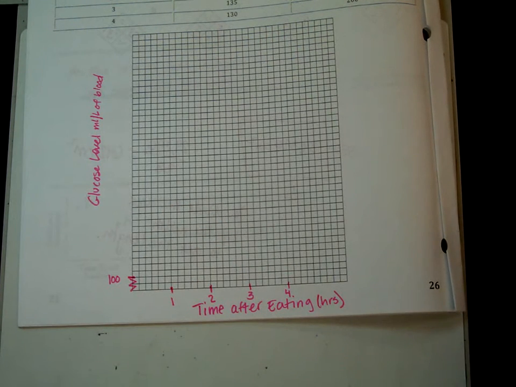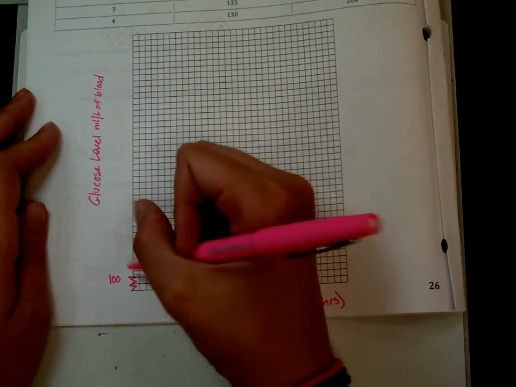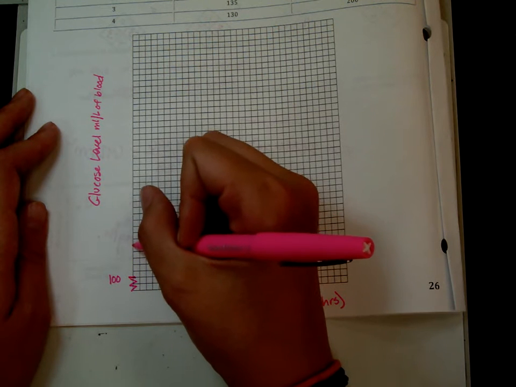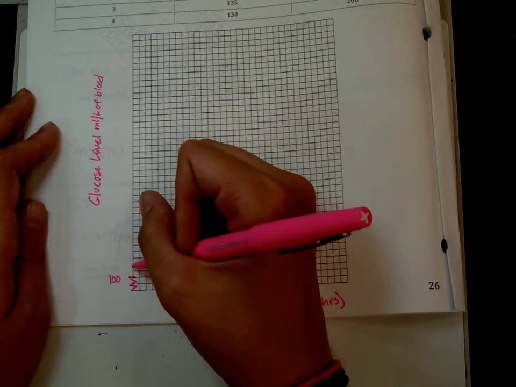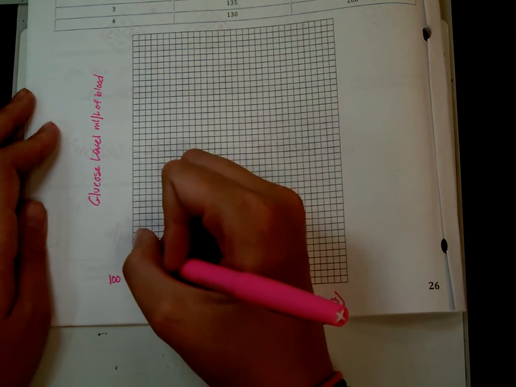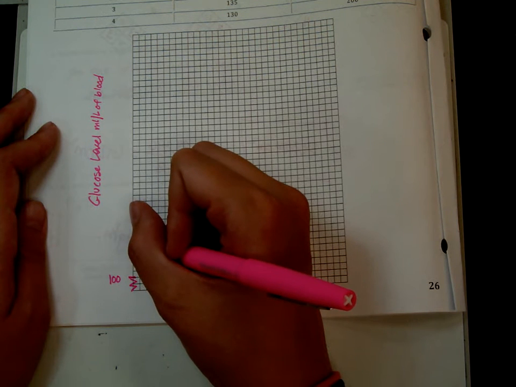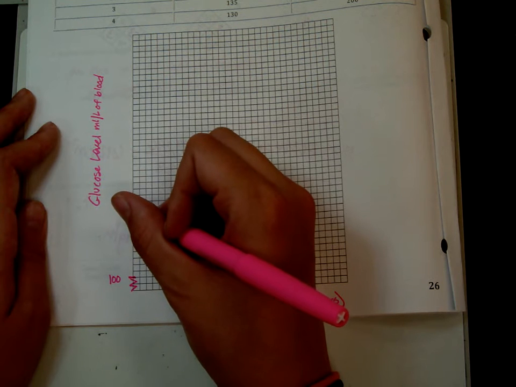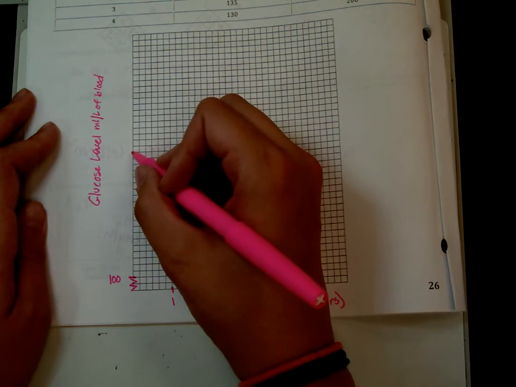And if I want to go to 250, if we skip by tens, that takes a lot of boxes. So we can probably skip by 20s. That should be fine.